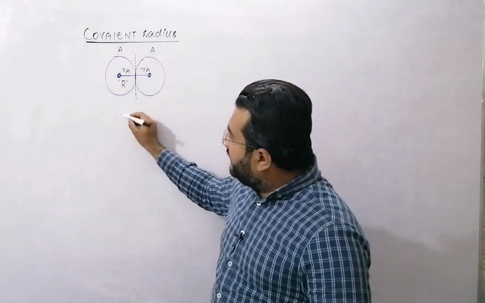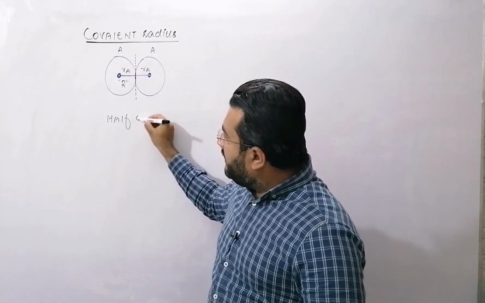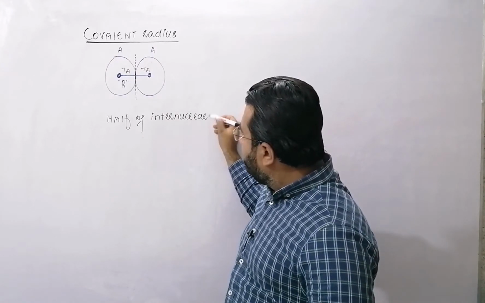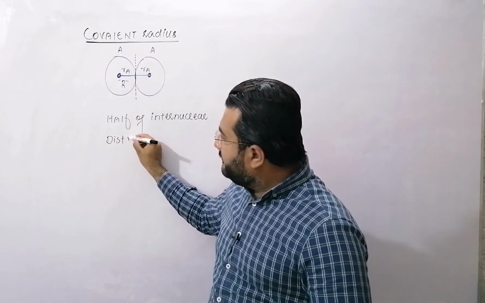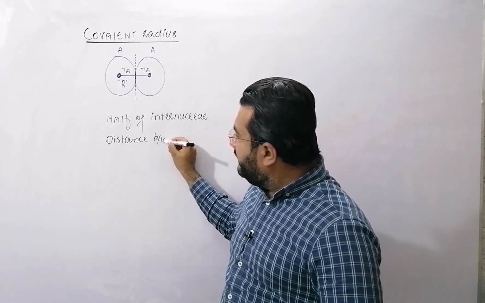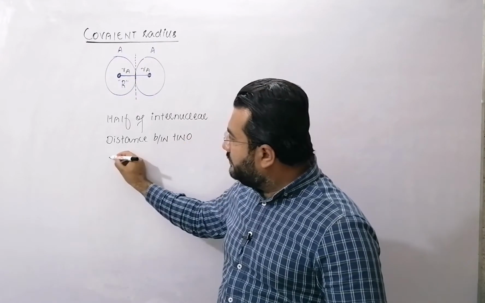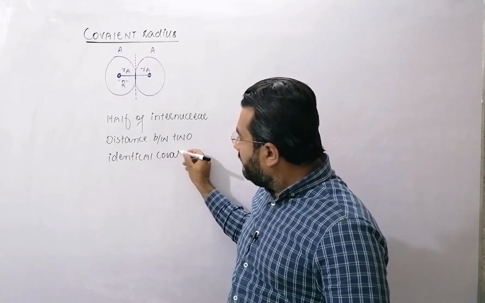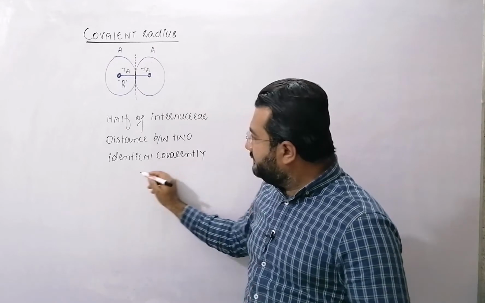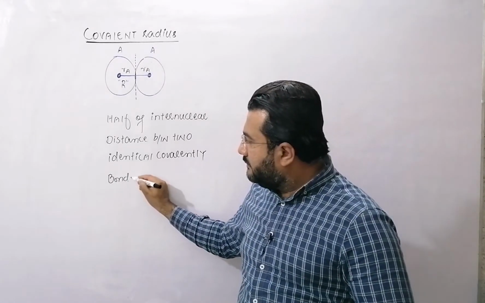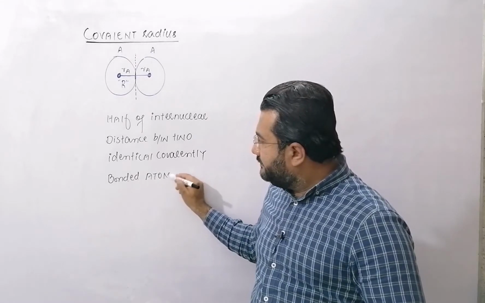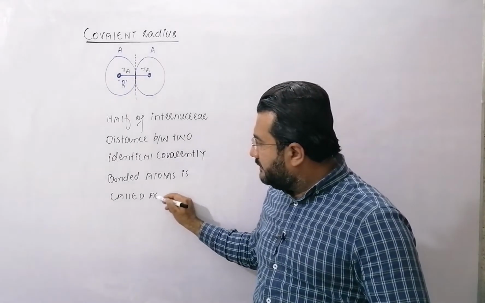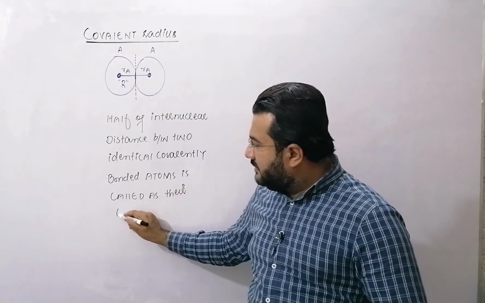So basically, half of the internuclear distance between two identical covalently bonded atoms is called their covalent radius.